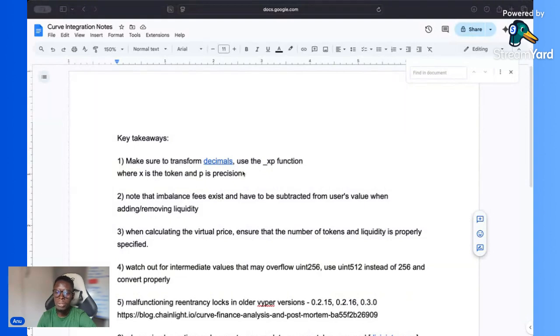If, say for example, you have 4 tokens in your pool, maybe that's Uni, Ethereum, DAI, and possibly Bitcoin, all in one pool. The virtual prices will be calculated based on all of those tokens together, not just one or two of them. So say you want to make a swap between USDC and BTC.